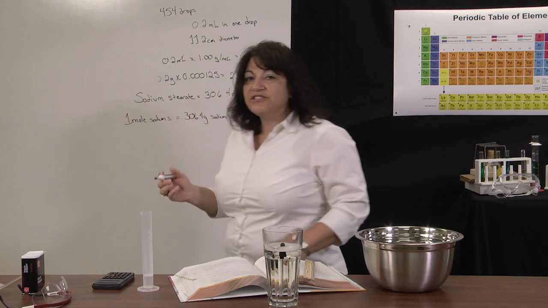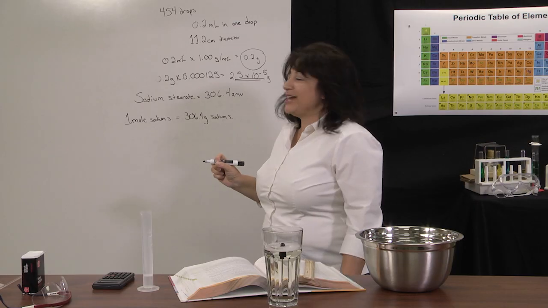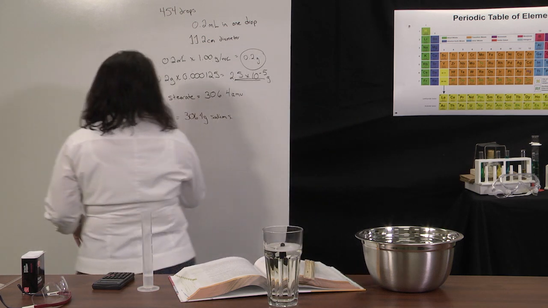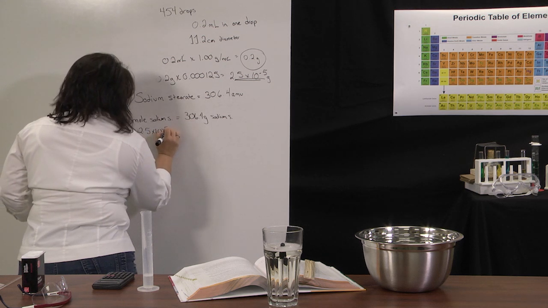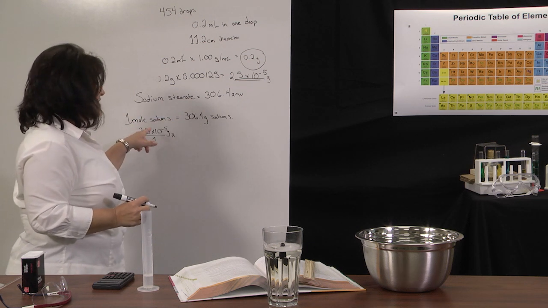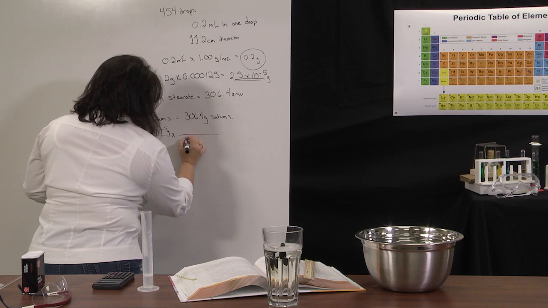Okay, so let's convert the grams of sodium stearate to moles of sodium stearate. What do we have? We have this many grams. Let's write that down and put it over 1. Times our conversion factor. We want to set up our conversion factor so our grams cancel. So this 306 value is going to go in the denominator.